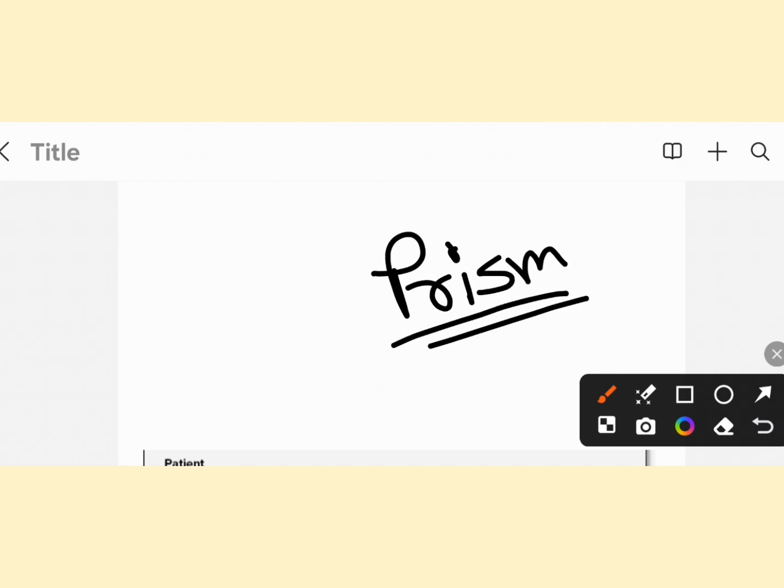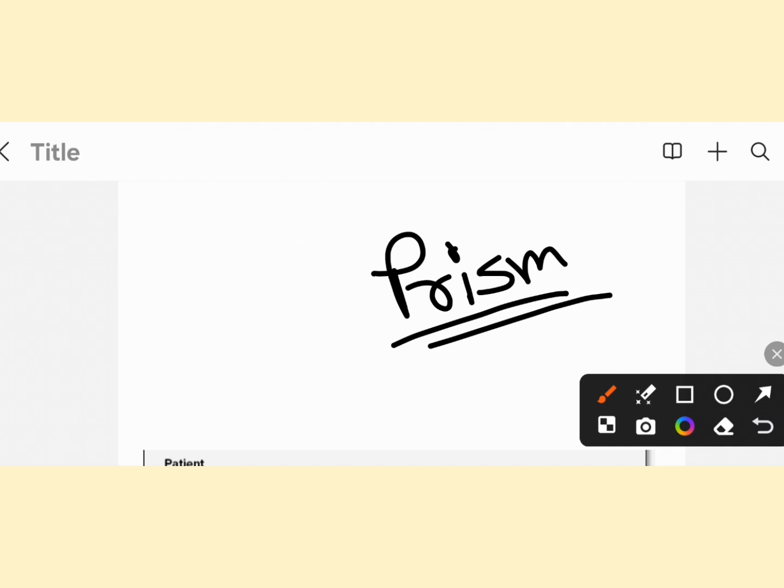Prism. We use prism when someone has esotropia or exotropia, and because of that they have diplopia. In this kind of patient we use prism. That means you have a misalignment. In layman's words, your eyes are not aligned properly and are deviated inward or outward, something like that.